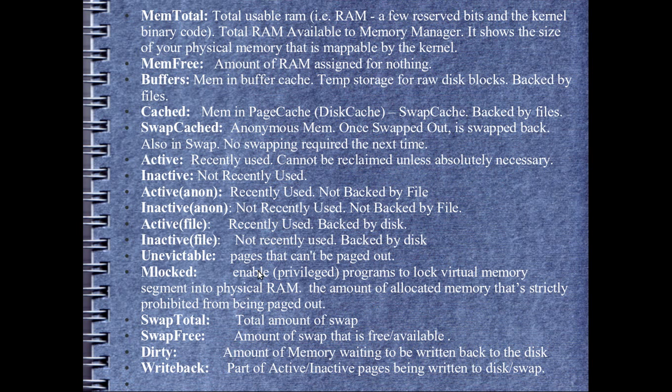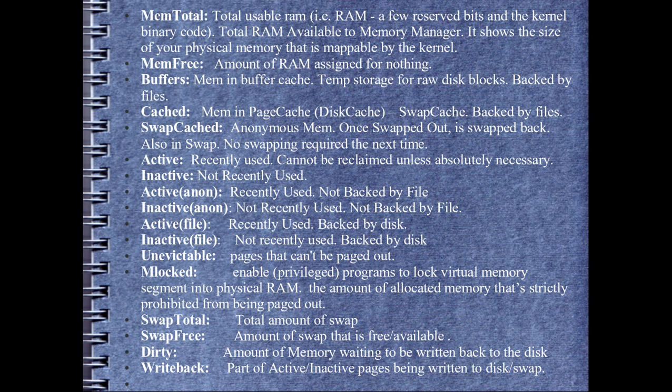Mlocked, so mlocked, this is the size in kilobytes of the memory for which the memory is locked, and this memory cannot be freed up. It enables privileged programs to lock a memory segment into physical RAM, the amount of allocated memory that's strictly prohibited from being swapped out.